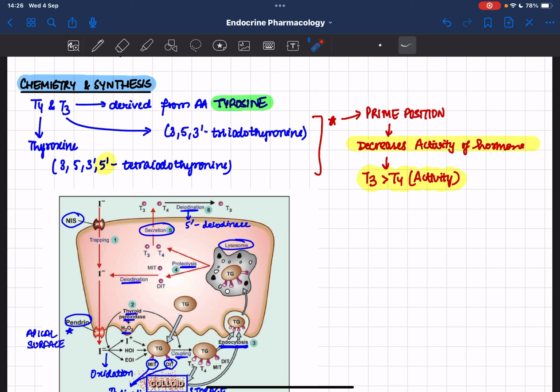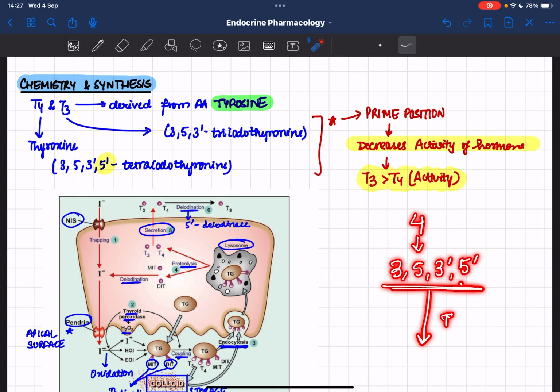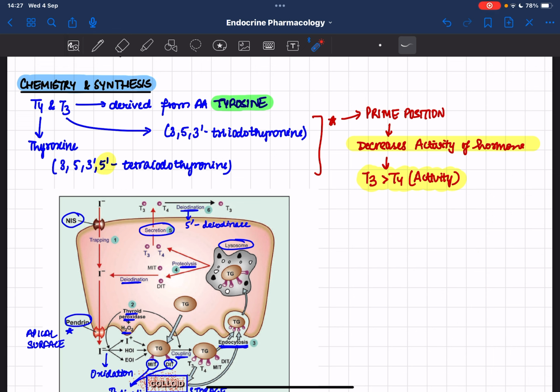Now, how do you learn this formula? That is 3 and 5 will be there in almost everyone. Okay, 3 and 5 will be there in everyone. Now you have to choose. In tetraiodothyronine there will be 4 things required, so that means all will be there: 3, 5, 3 prime and 5 prime. But in triiodo you have to eliminate one. So for that you have to remember the deiodinase.